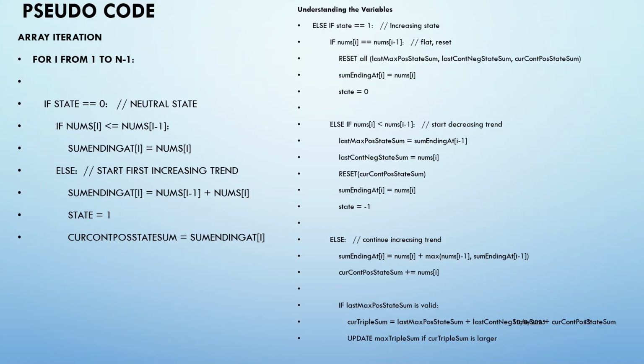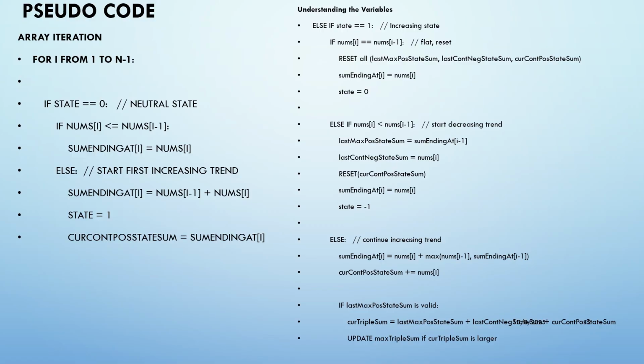In the else part, which means the current element is greater than the previous element, now it is the start of our trionic subarray, which means we are now entering into our first segment, which is increasing. So we will make the state 1, which is increasing. We will make the sum ending at i to be nums of i minus 1 plus nums of i, because it will store the maximum positive state sum.